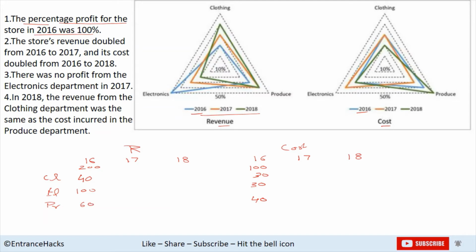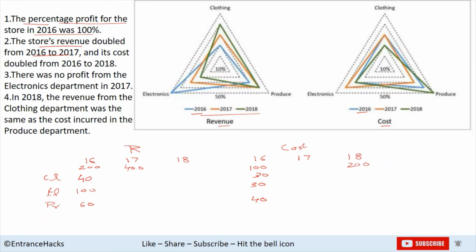So with this first statement we have got this. Now the store's revenue doubled from 2016 to 17. So 2016 revenue was 200, so in 17 it will be 400. Cost doubled from 2016 to 18. So the 2016 cost was 100, and 200 would be in 2018.